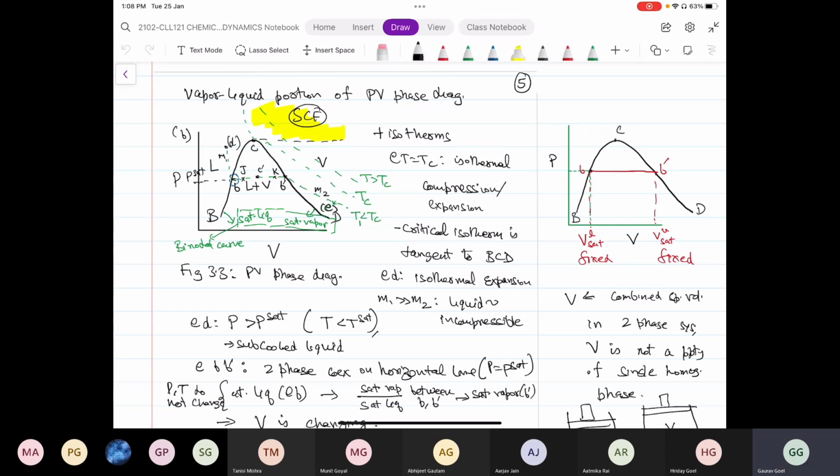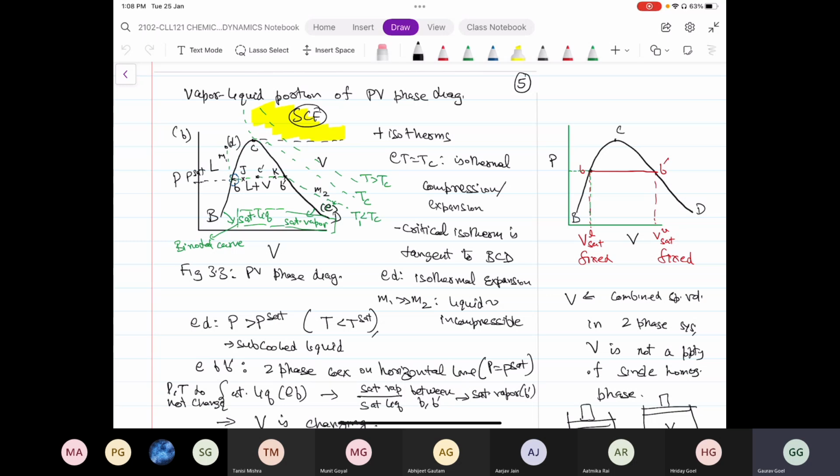In between, the Gibbs phase rule tells you that the specific volumes of liquid and vapor are fixed, as we discussed earlier. The only thing happening is that the fraction of vapor is increasing, and therefore the combined specific volume V is changing. In the two phase region, V is not a Gibbs phase variable.